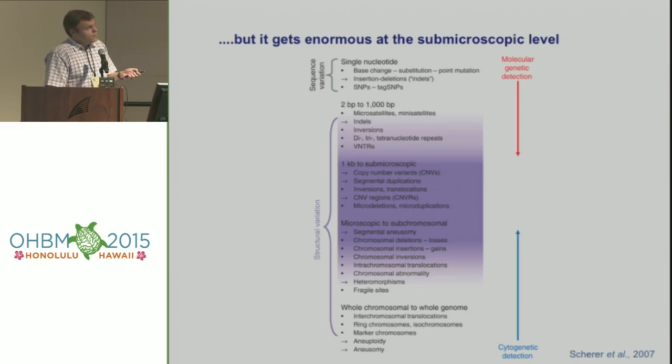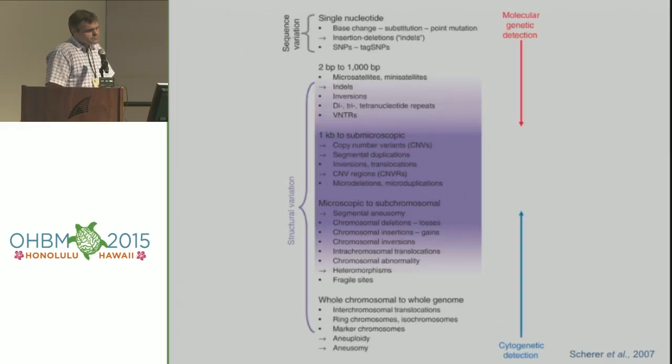So it starts with variability at the single base level, and then it gets bigger. So it involves from 2 bases to 1,000 bases, or even larger than 1,000 bases, and then it goes to the microscopic, to the chromosomal level again. And we will touch on these most important types of genetic variation depending on the size.